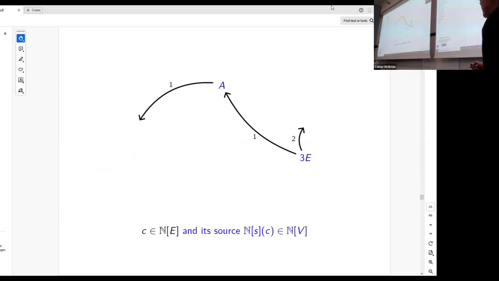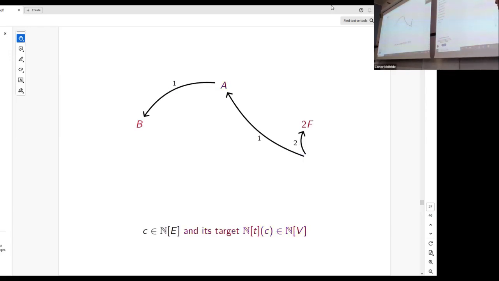The source of this edge is A, the source of this edge is E, the source of this edge is E, but notice we have 2 times this edge in our linear combination. So if you use linearity, the source of this edge plus 2 times this edge would be 3 times this vertex here. So that's the source of C. We could also work out the target of this linear combination of edges.